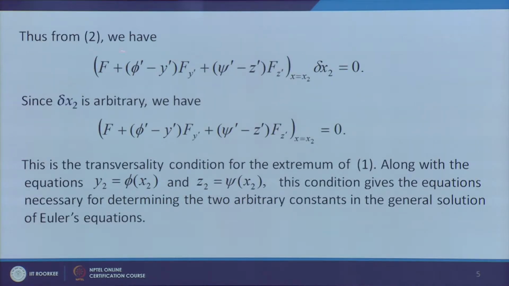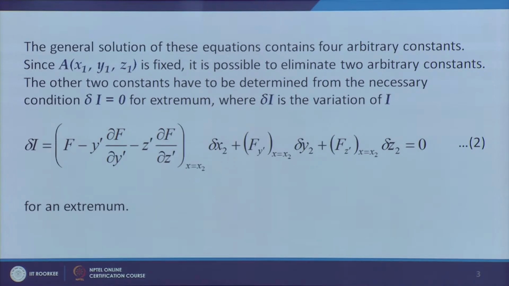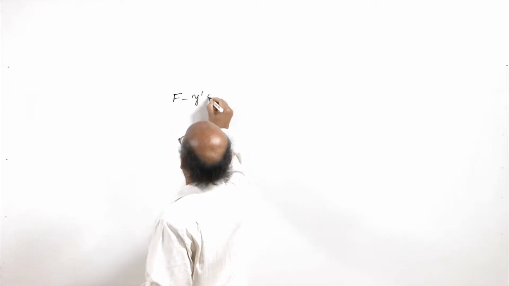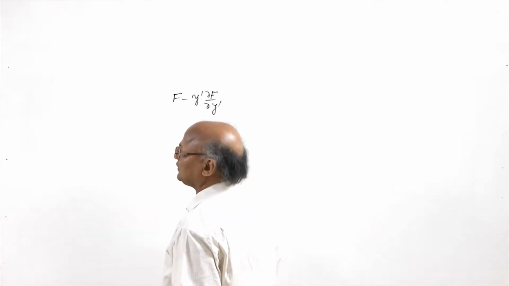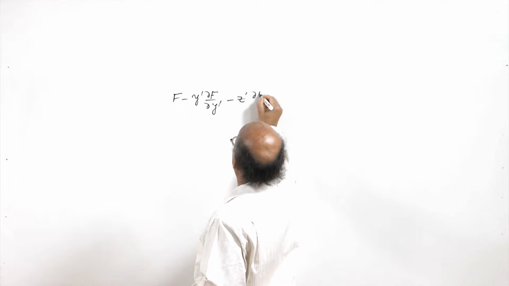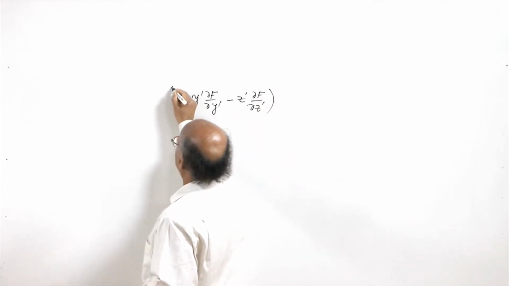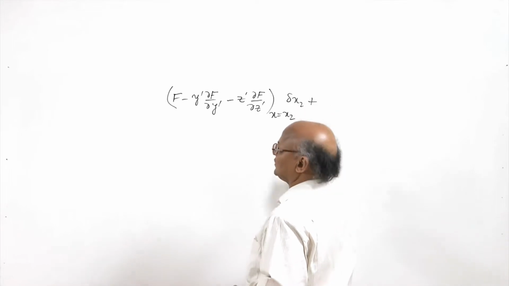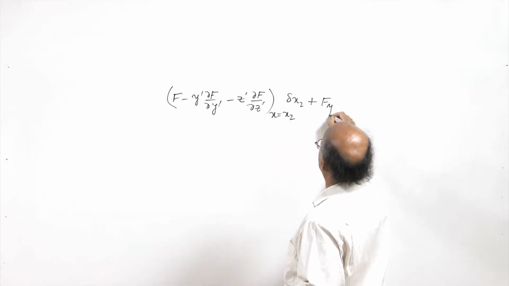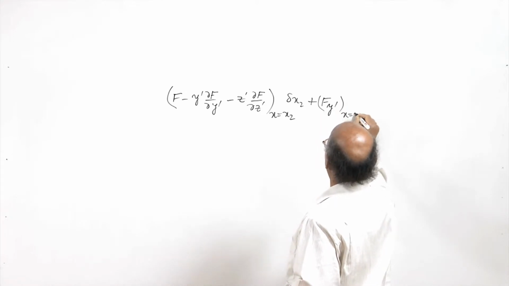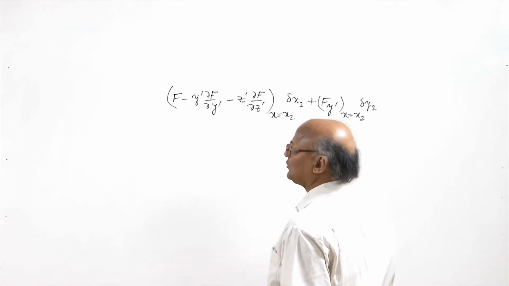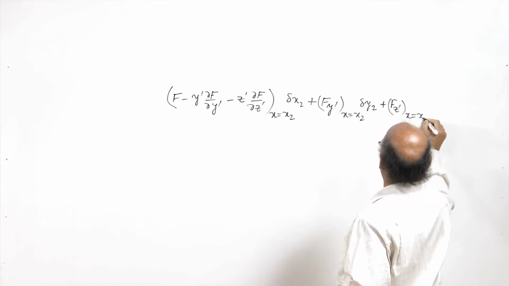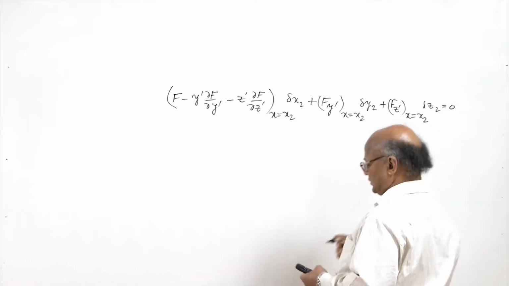So, from equation 2, what we will have is [F − y'∂F/∂y' − z'∂F/∂z'] δx2 + F_y' δy2 + F_z' δz2 = 0.